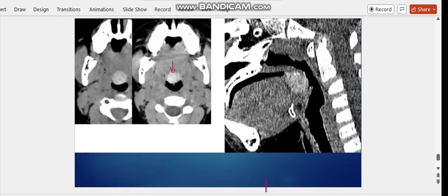This lesion contains iodine because this is thyroid tissue. That's why this lesion appears hyperdense on non-contrast CT scan.